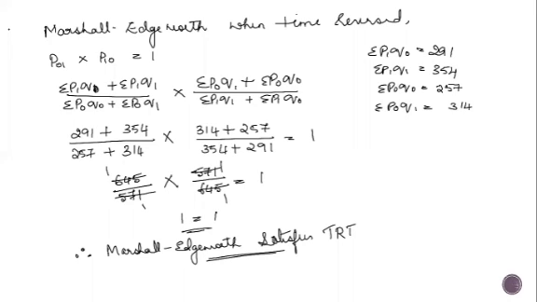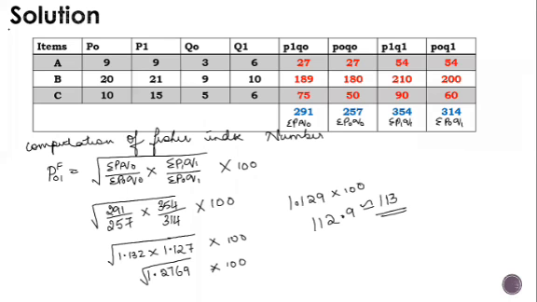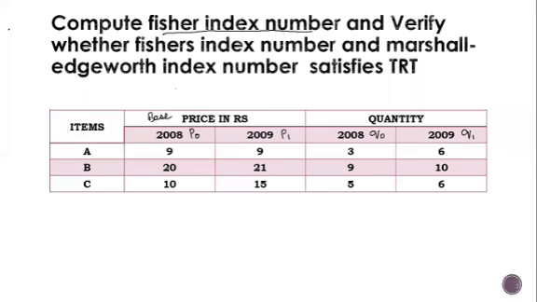Okay, so did you all understand how to work out these problems? I explained only one problem. So the table does not change. I taught you previously how to calculate the different methods.